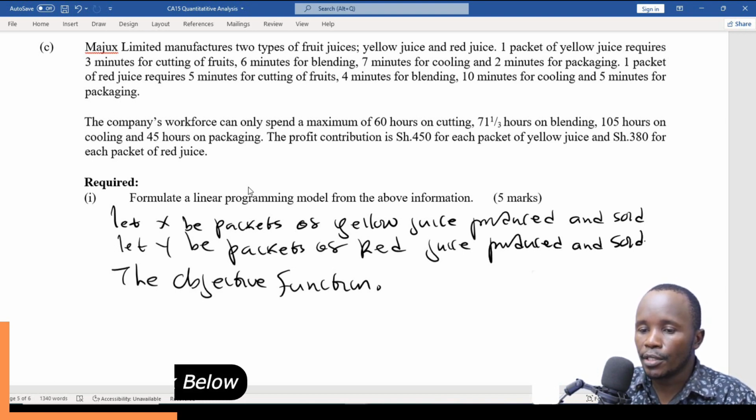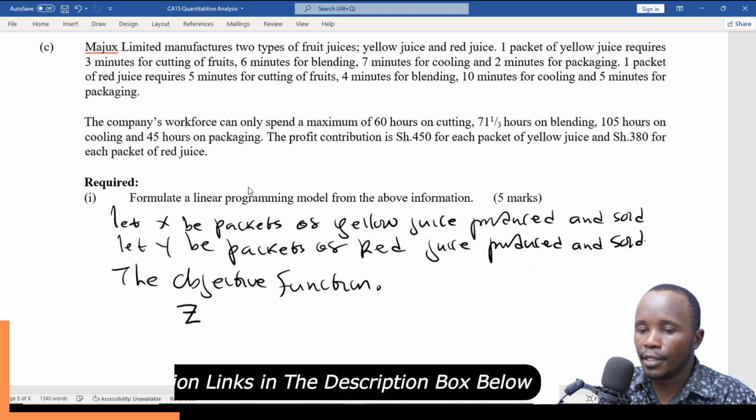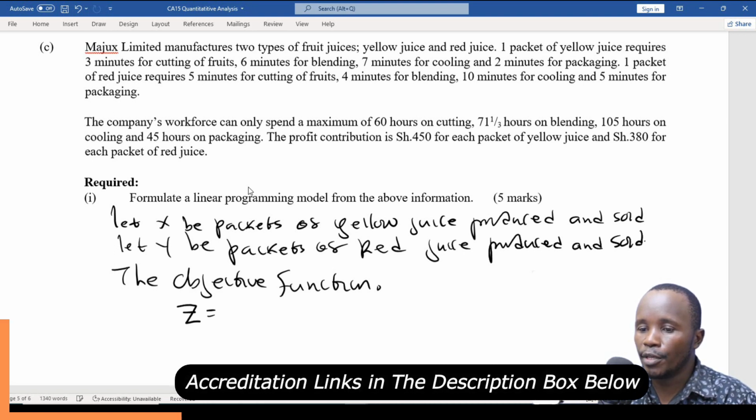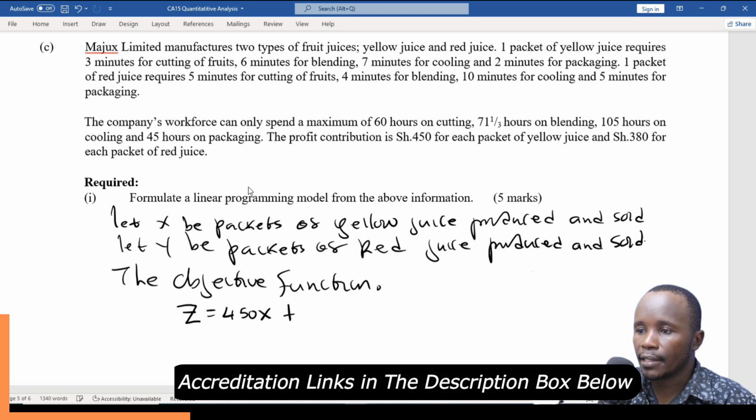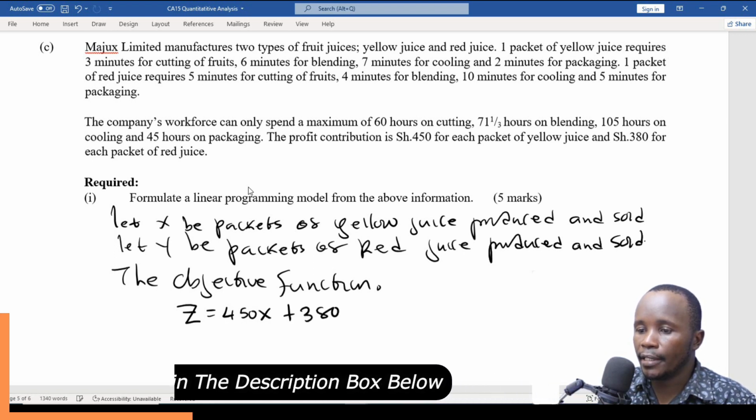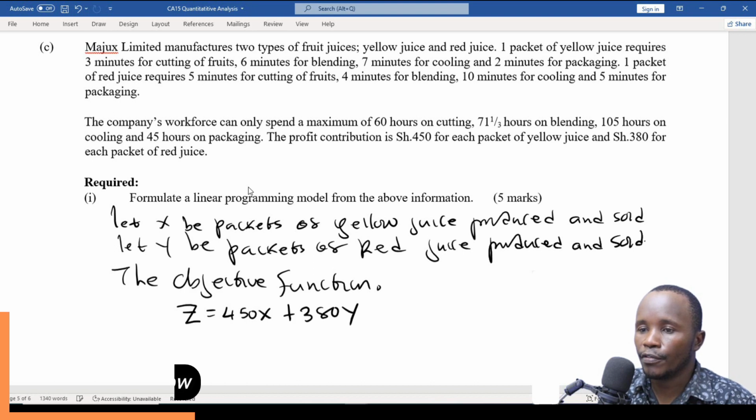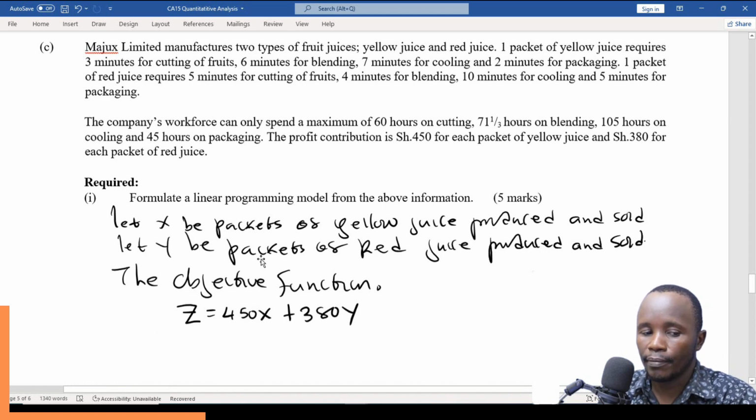It therefore means your profit will be 450 times the number of packets of yellow juice plus 380 times the number of packets of red juice, red juice represented by Y. So we shall have 450x plus 380y.